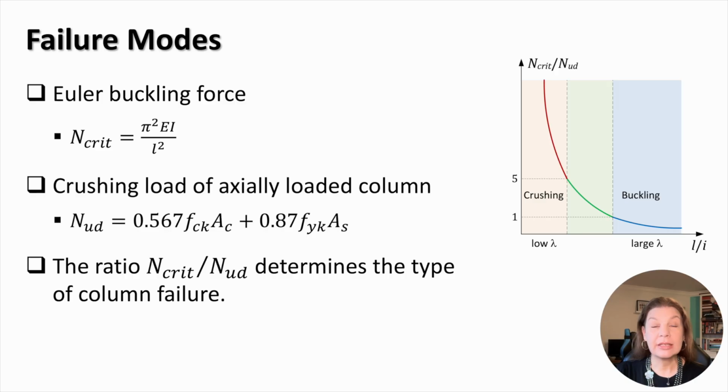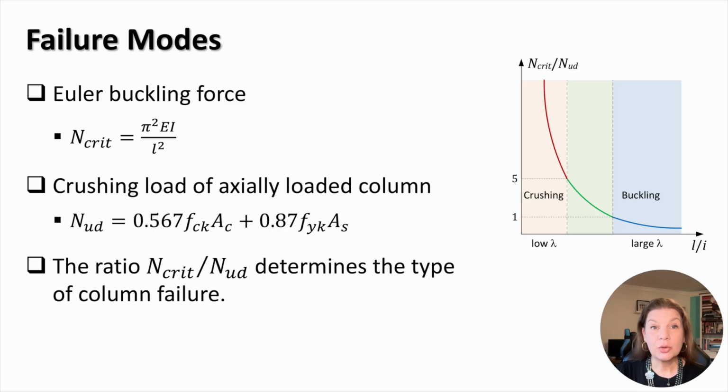Generally, columns fail in different modes depending on their slenderness ratio, which can be large, intermediate, or low. Slender columns with high slenderness ratio buckle, while short columns with low slenderness fail by material crushing. Both of these modes of failure are important for columns with the intermediate slenderness ratio.